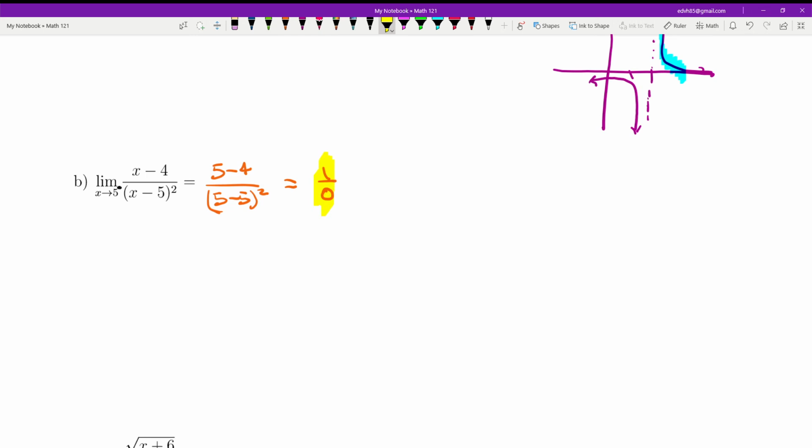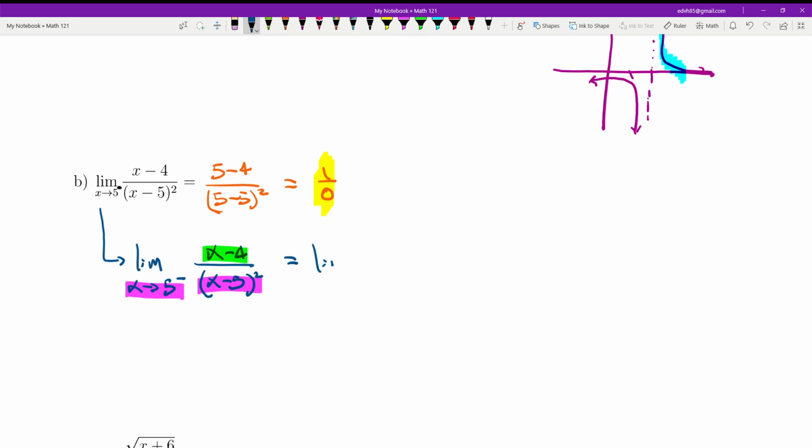In this case, there is no way that we can factor anything out. So this is what we're going to do. We are going to focus on the factor that is causing trouble in the denominator. Don't plug in anything there, but plug in only for the numerator.